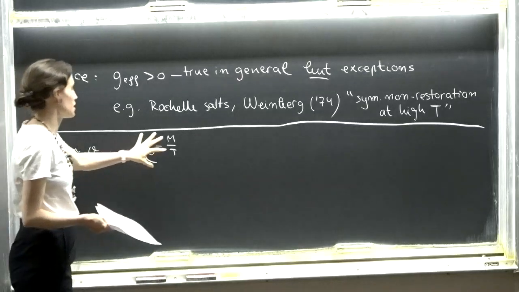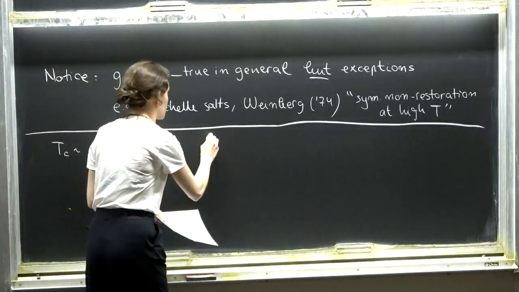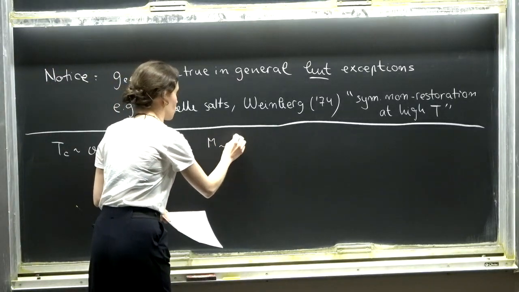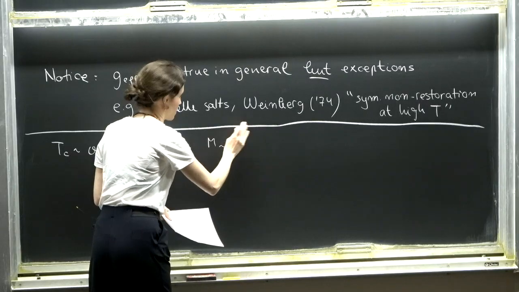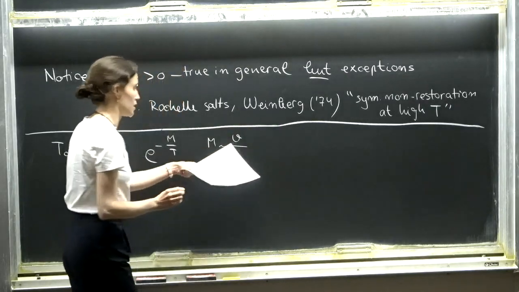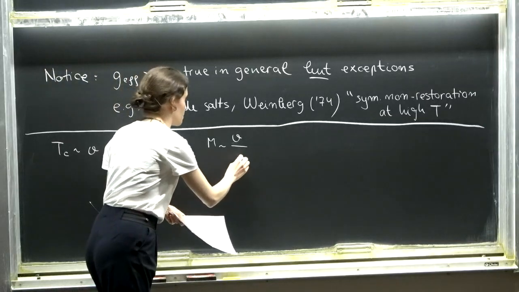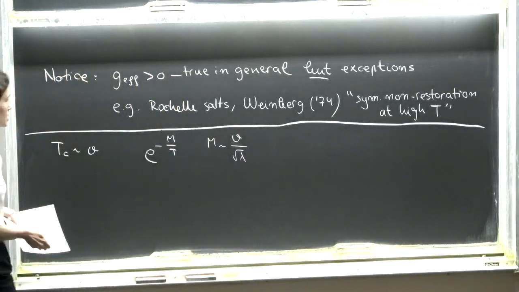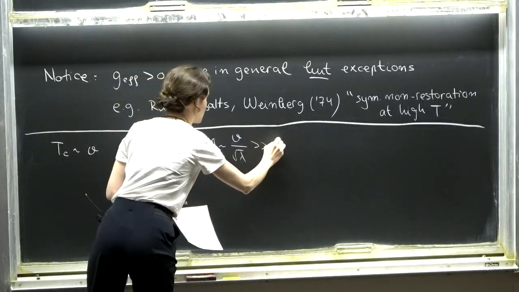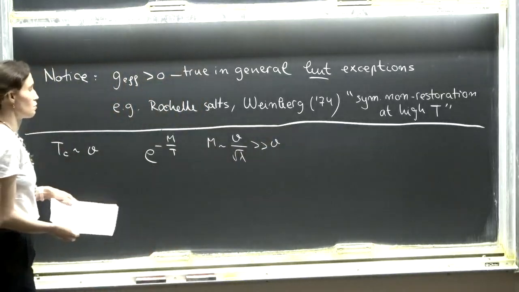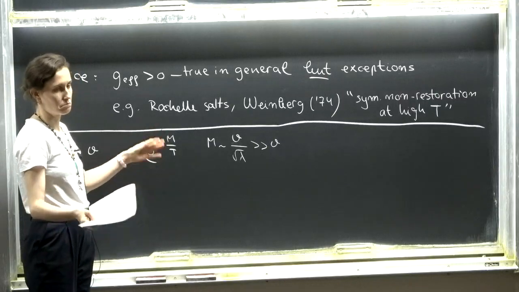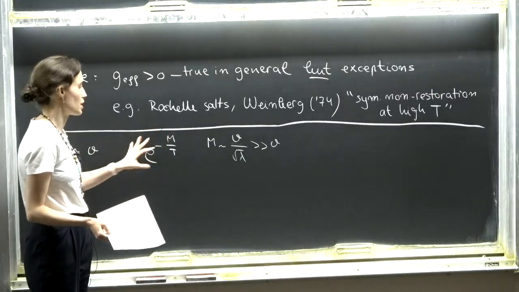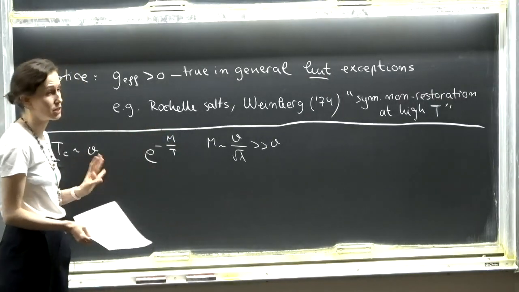So the mass of these objects, as we saw earlier, is always something like the scale of spontaneous symmetry breaking divided by some coupling to some relevant power. So these guys are always in the regime where their production through processes like particle production is incredibly exponentially suppressed. Okay, so this is not going to do it.